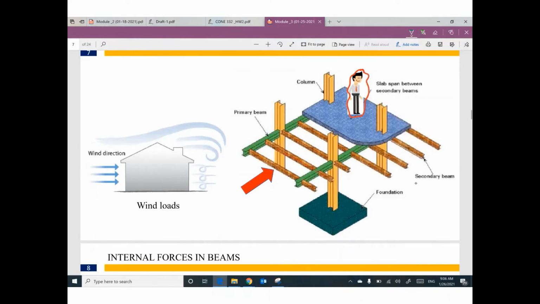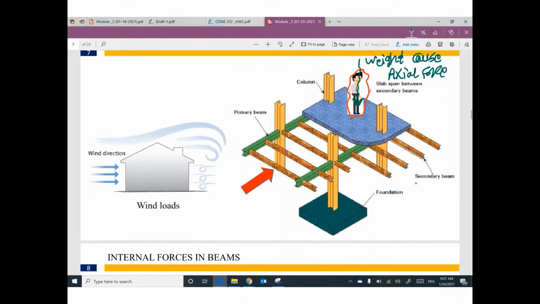Your weight is vertical and downward. My question is, your weight will cause axial force in which members? Can you watch this building?